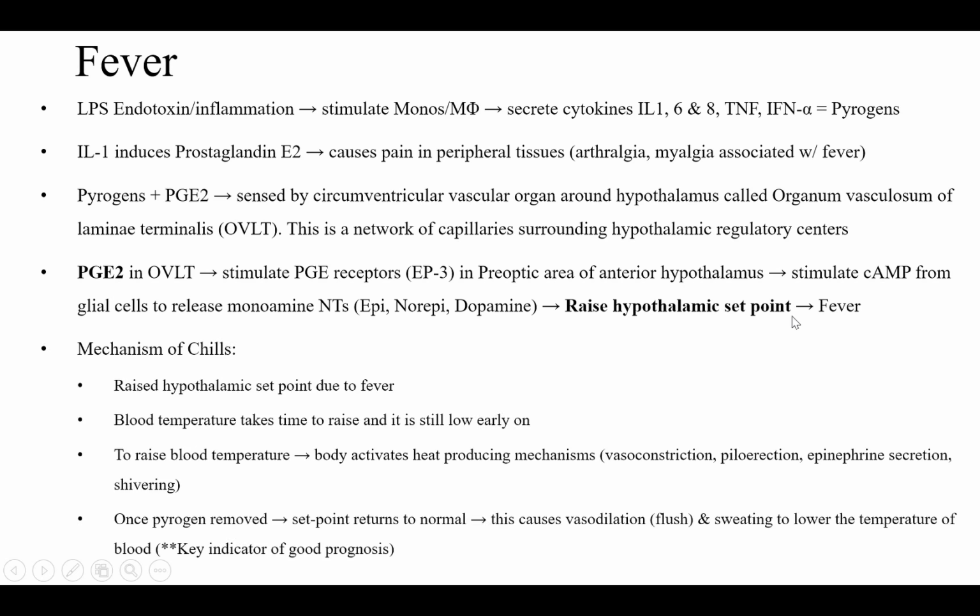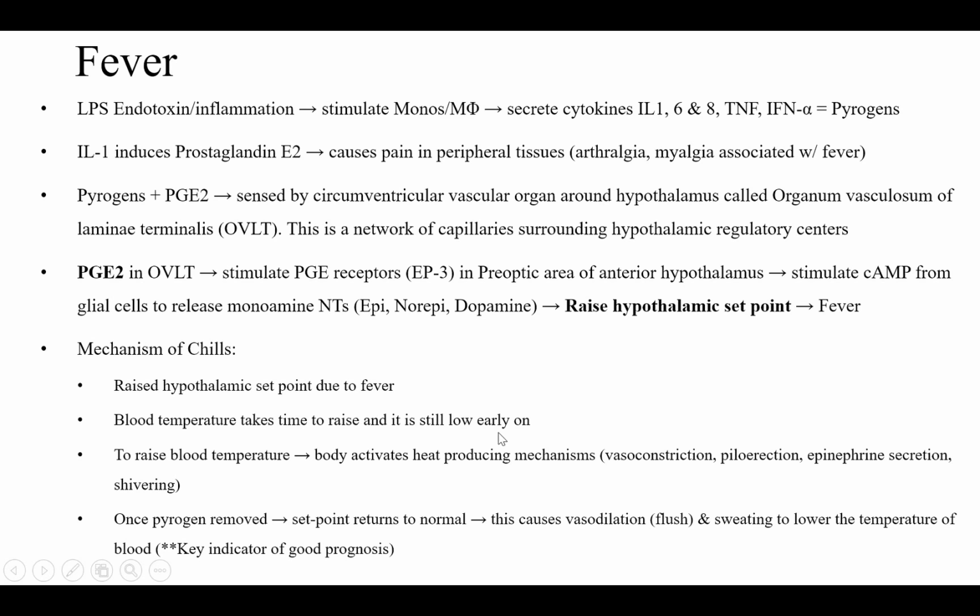Now we're going to talk about the mechanism of chills. How do chills occur with fever? Anytime you have a raised hypothalamic set point, blood temperature takes time to rise. So with fever, the core body temperature is raised, but the blood temperature is not raised yet, and it's slowly rising.